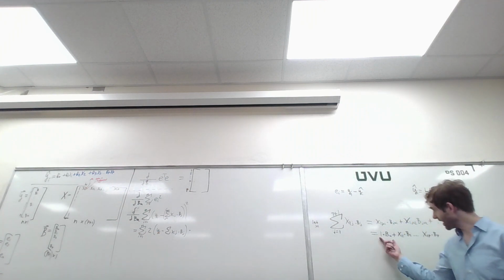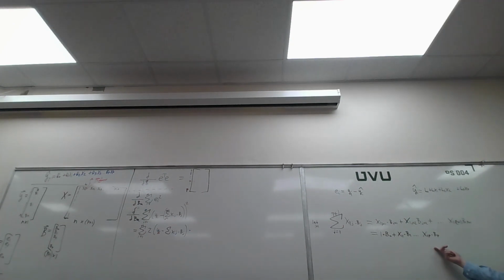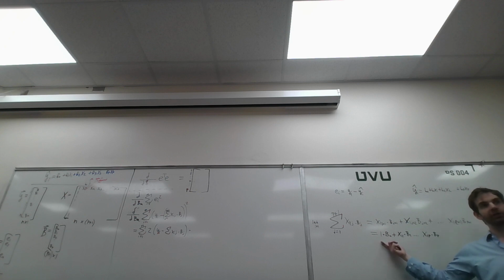So every single one of these terms that doesn't have a beta naught will be 0. The only one that'll survive is the one that had beta naught in it. That beta naught will go down to 1. That's what happens when you take the derivative of something with a power of 1. This beta naught has a power of 1, so its derivative goes down to 1, and you end up with 1 multiplied by 1. That's the only thing that comes out of this.